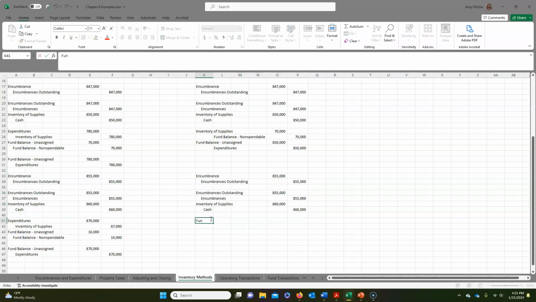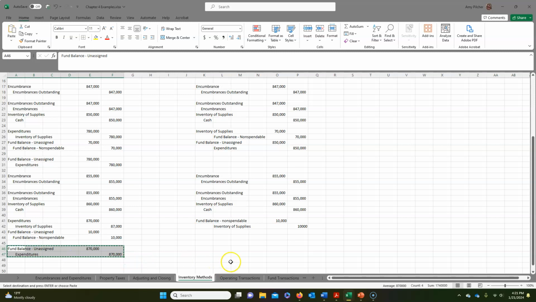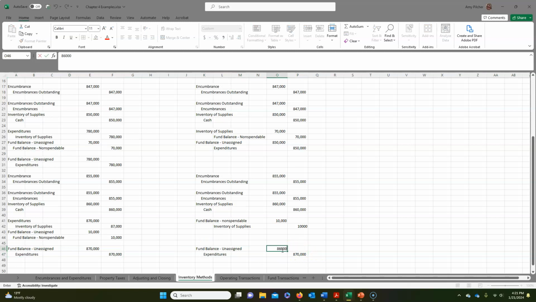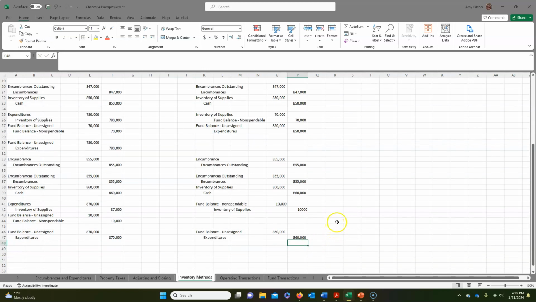So we have our fund balance non-spendable, our adjusting entry to say that we now have $10,000 in supplies at the end of the year of $10,000, and then we have our fund balance unassigned and expenditures, except now it's for $860,000 because under the purchases method we expense exactly what we purchased.